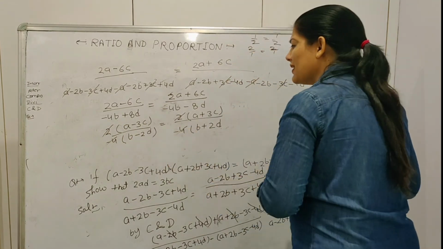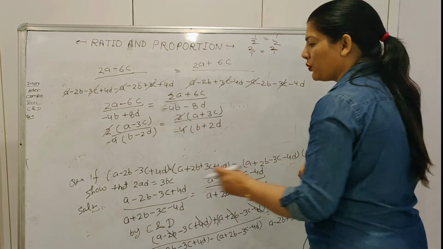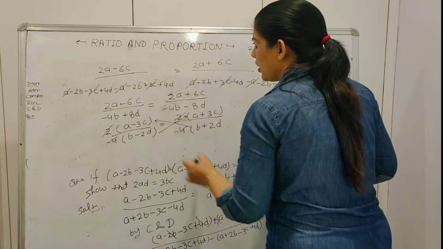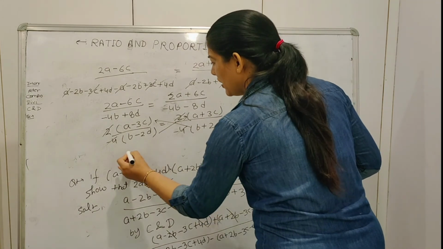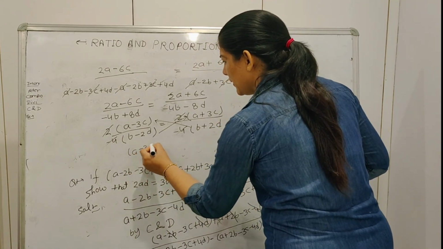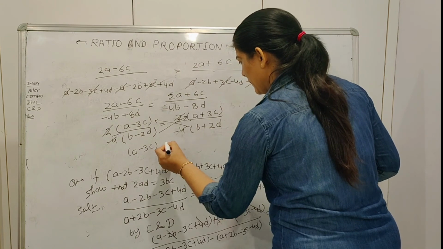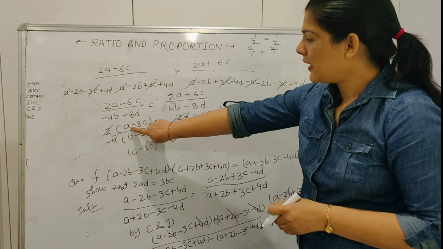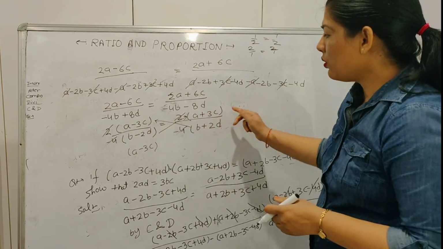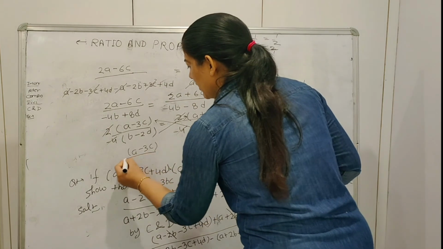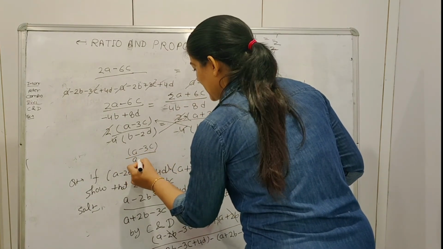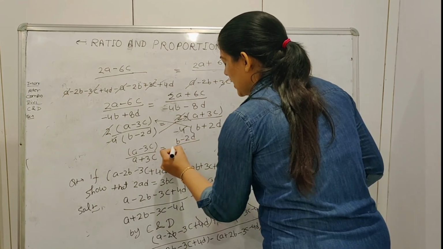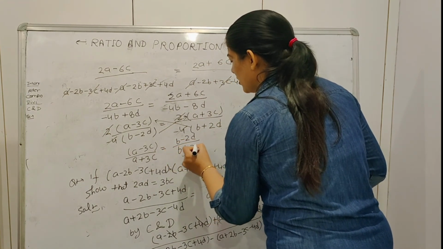Now I have to prove this condition, so we have to solve this by the cross product method, and it gives you a minus 3c, or you can simplify it further, because I can see here a minus 3c and a plus 3c, so you can write it as a minus 3c divided by a plus 3c is equal to b minus 2d divided by b plus 2d.